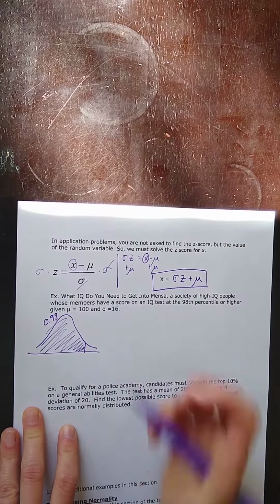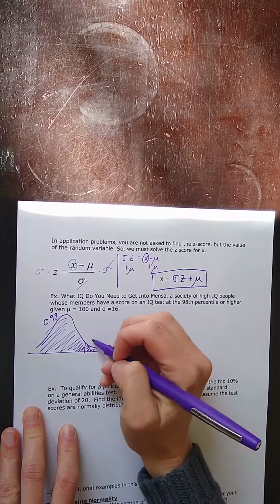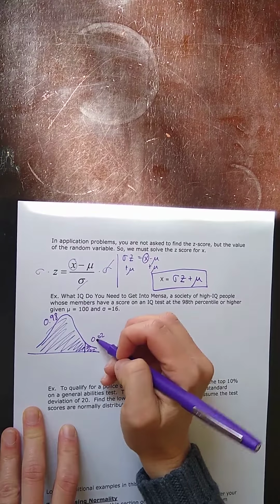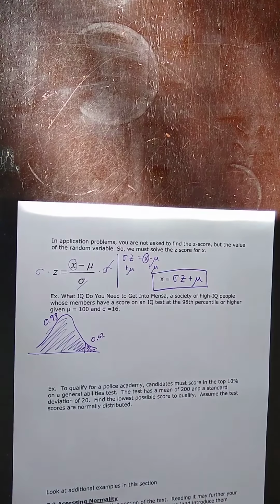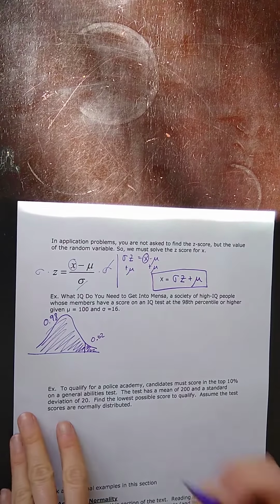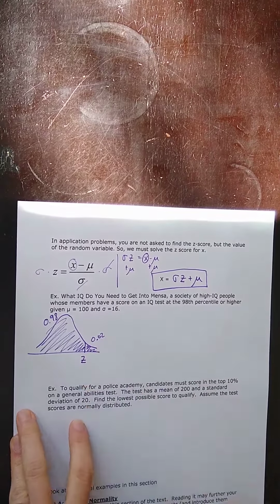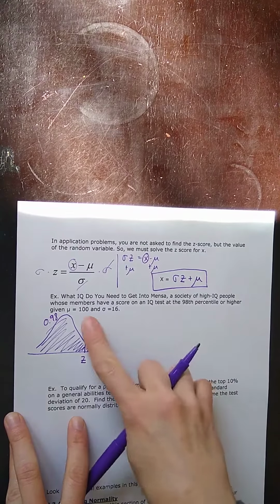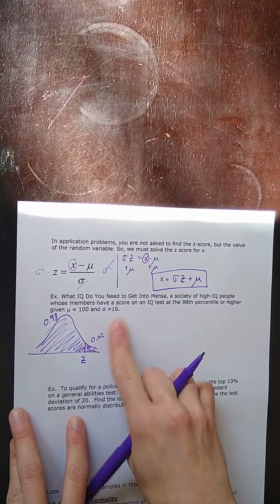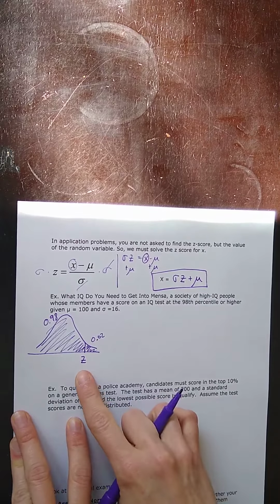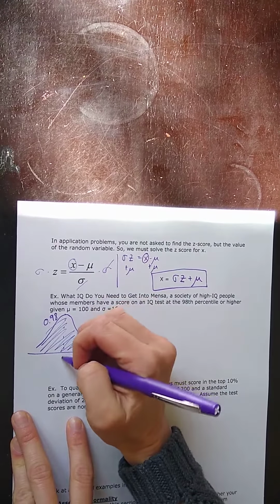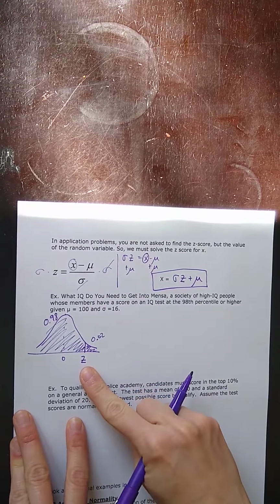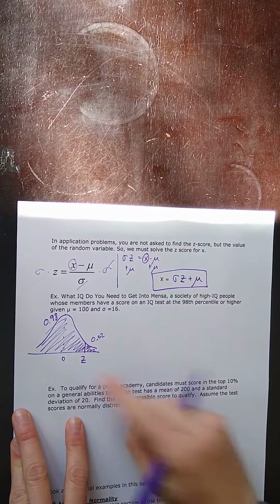So what percent are higher than you? 2, okay? So that's what the 98th percentile means. What I want to know is what's this z? Now that's not going to be my final answer. My final answer is going to need to be a score on the IQ test. But this is what I need to find next. Okay? So here's 0 in the middle. So this z needs to be positive. It is to the right of the 0.